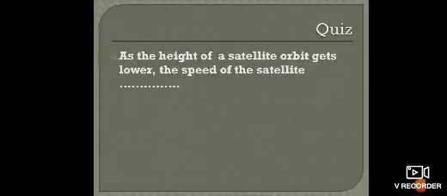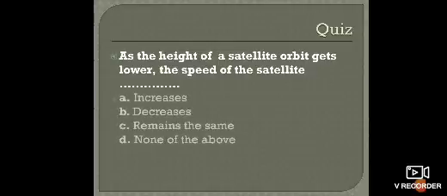And the next question: as the height of a satellite orbit gets lower, the speed of the satellite is what? As the height of the satellite orbit decreases, the speed of the satellite will be, the options are: the first one is it will increase, the second is it will decrease, the third is it remains the same, and the last one is none of the above.